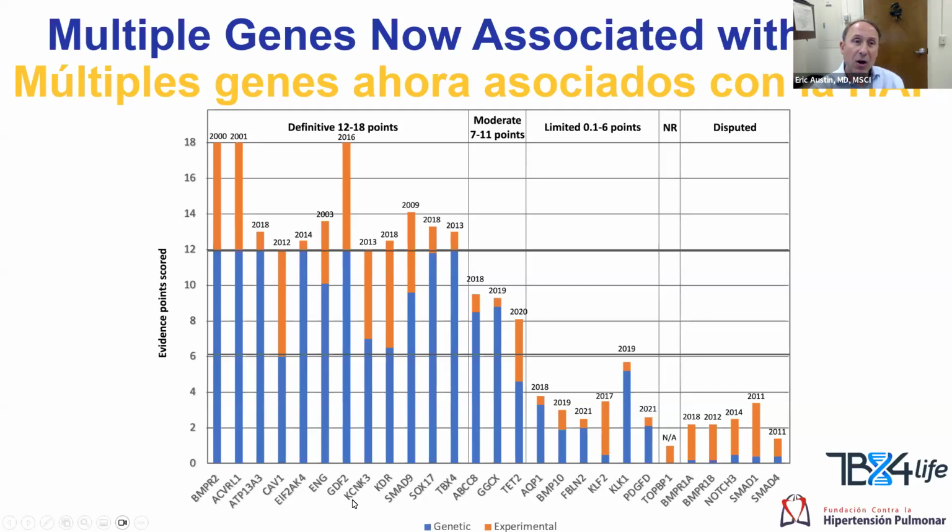Many of these, but not all, are definitively able to cause pulmonary arterial hypertension. On the y-axis, which is the up and down axis, you see what they say there is evidence points scored.